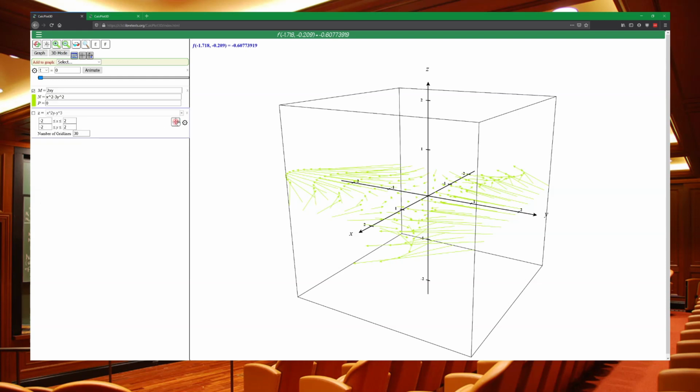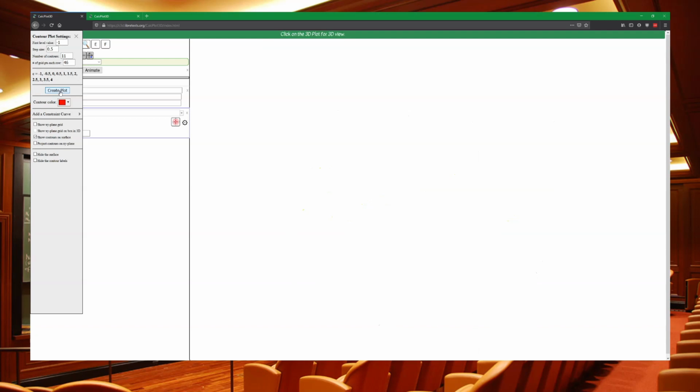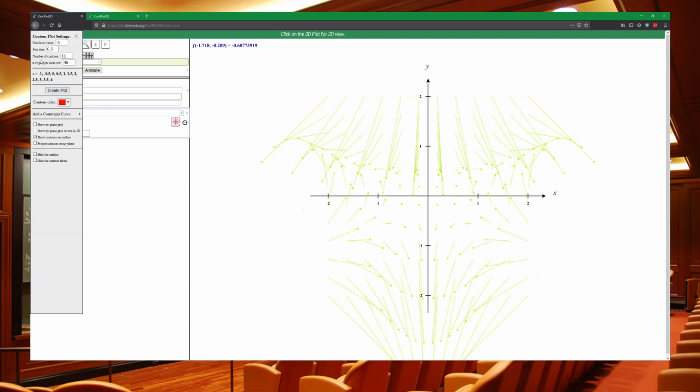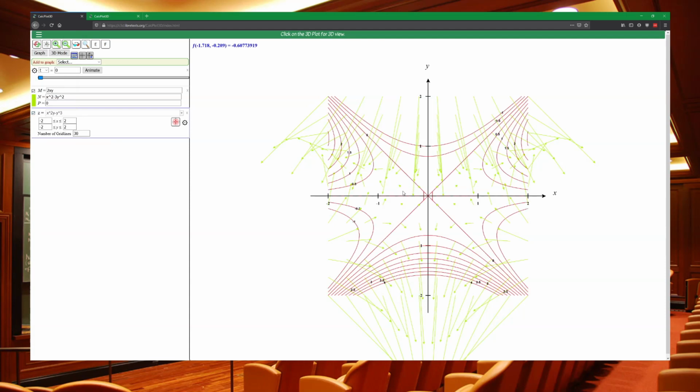So if I came to this function and created a contour plot, what would we notice about the gradient field, this vector field, and the contours? They're all normal to each one of these curves, right?